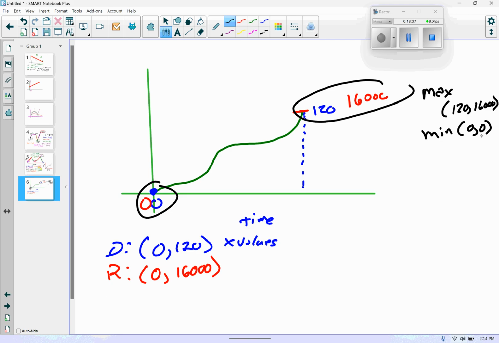Okay? Increasing. So take a look at this graph. Is it going up the whole time? Is it increasing the entire time? Sometimes it's a little steeper, but it never goes to a downward motion. So it's increasing from 0 all the way to, what did we say this was? 120?